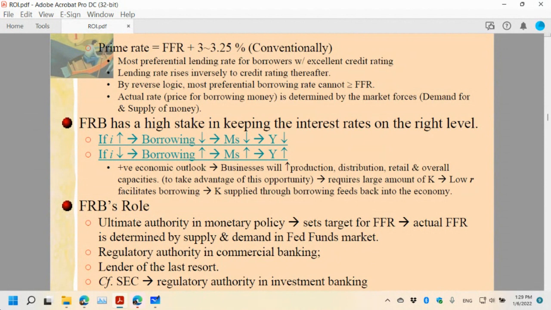Why? The stock market is a positive sum game because some people lose, some people win, but not all the losers' loss equals winners' gains, right?